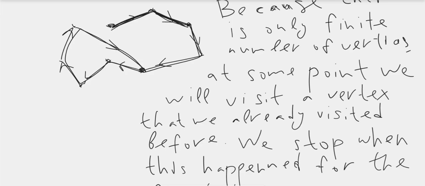So now we stop. We remove all the path previous to this vertex before we first visited it, and starting with this vertex that repeated for the first time, and going along the path like this, this is a cycle.